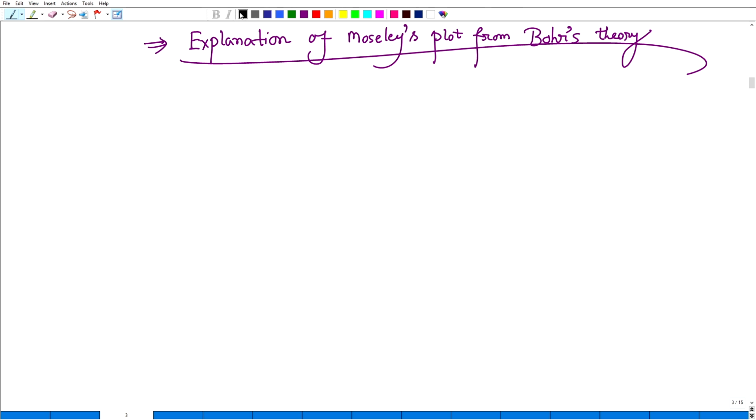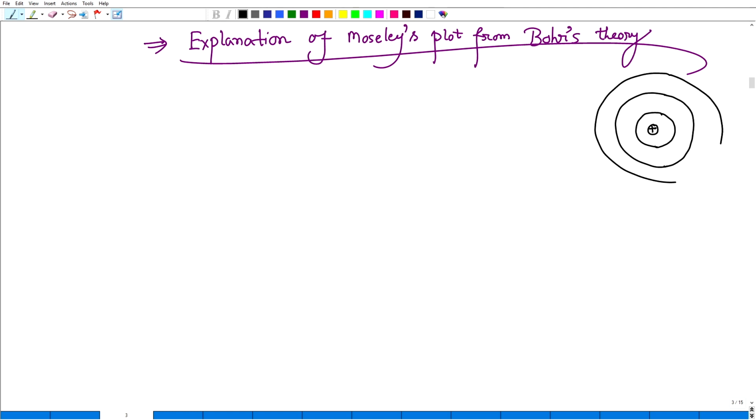Okay. If you remember, what was Bohr's atomic model? Let me write it, draw it. There are other levels as well, but we are interested only in K, L, M, and let me draw one more.